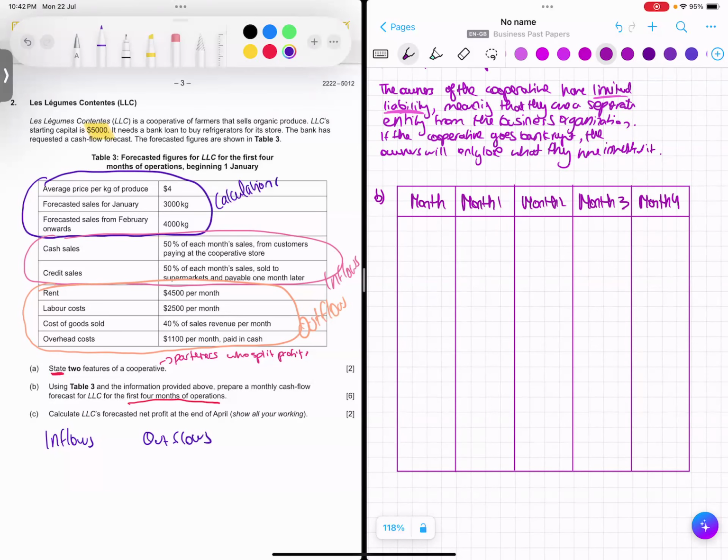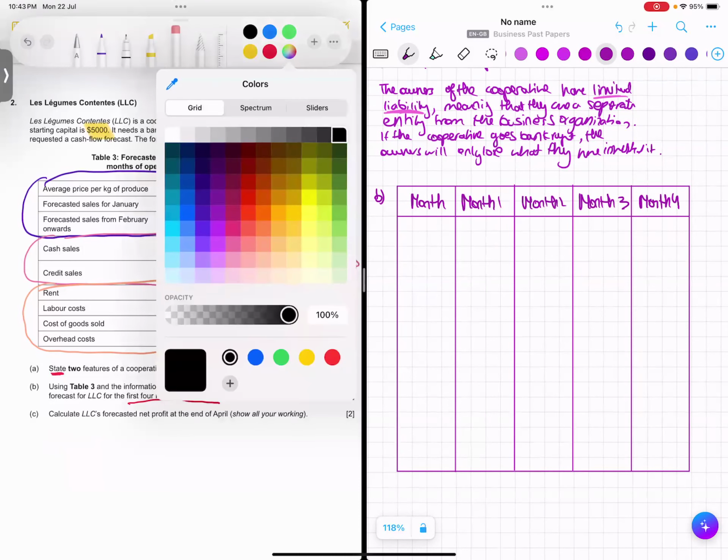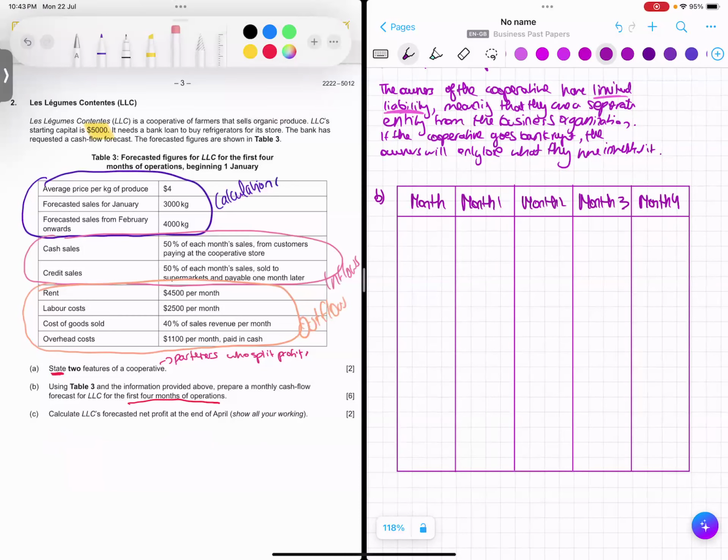So here I'm going to make these in a different color. Sorry guys, I know I'm annoying, but I'm just going to go with it. So, inflows. Inflows are basically cash going into the business, and in this case we have cash sales and credit sales. Cash sales are sales that are paid in cash. Credit sales are sales that are paid one month later.